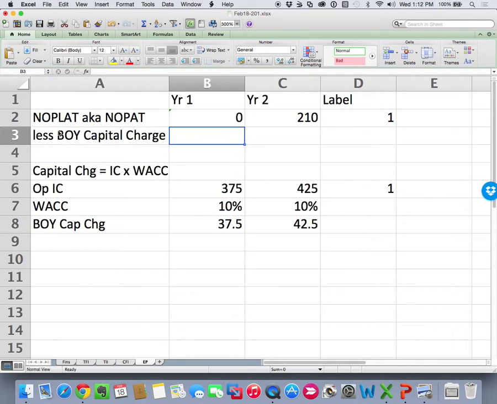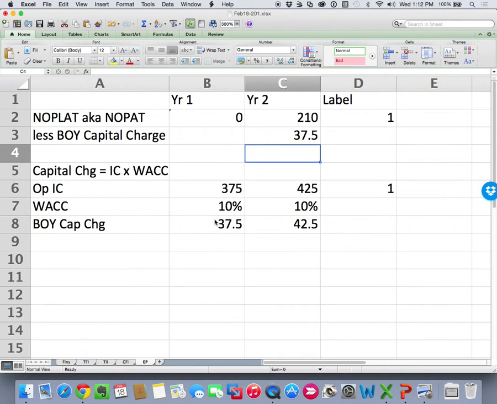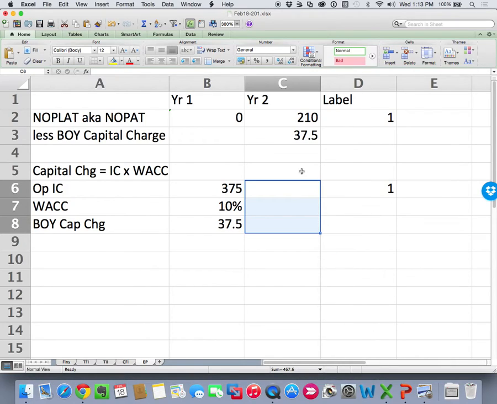Beginning of year is really the end of the previous year, so it's going to be the 37.5. That's my year 2 capital charge, which is my end of year 1 becoming my beginning of year 2.